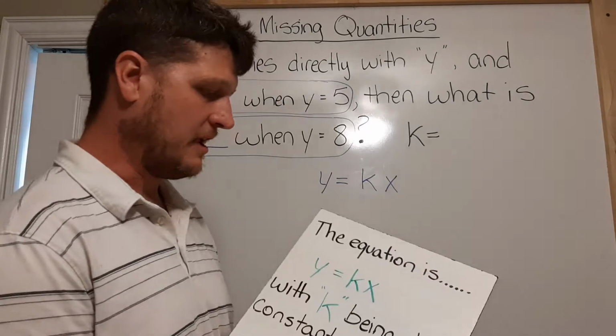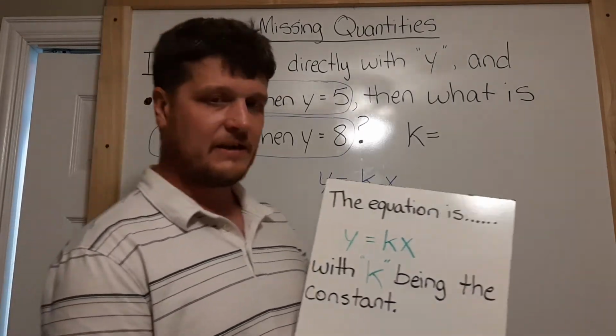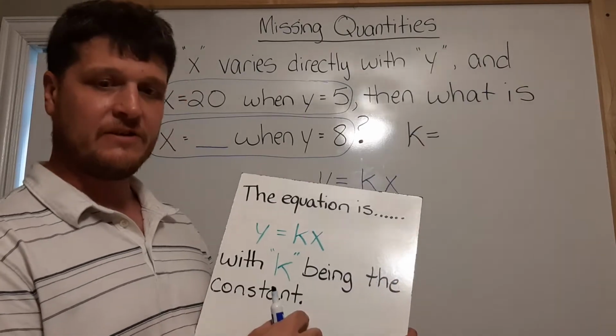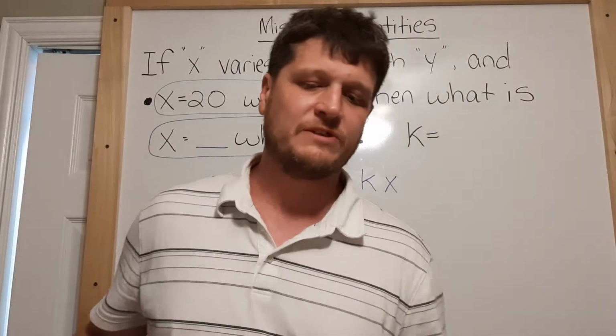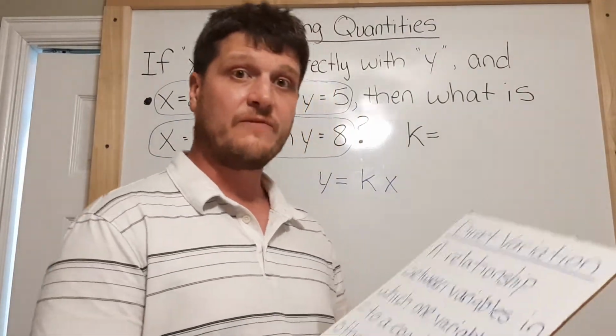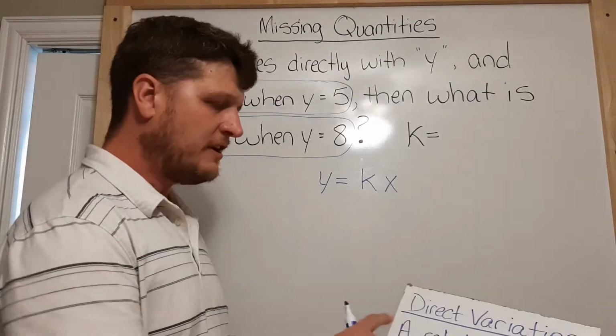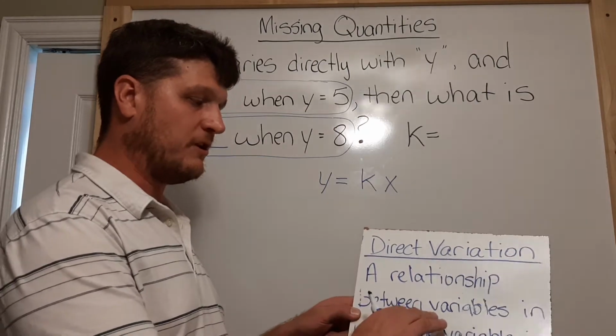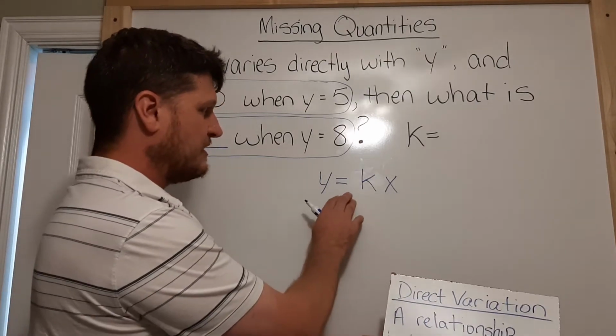Now, it says right here, k being the constant. I'm going to go back to the slide that I just did with direct variation, where it's all written out in words, but I want to show you how I expressed it as an equation.